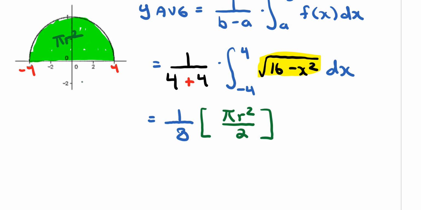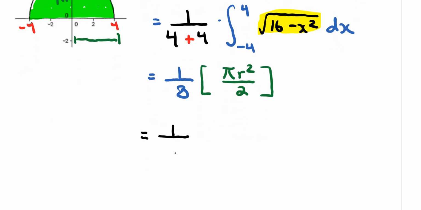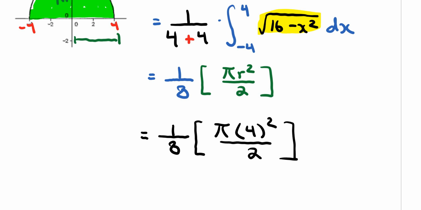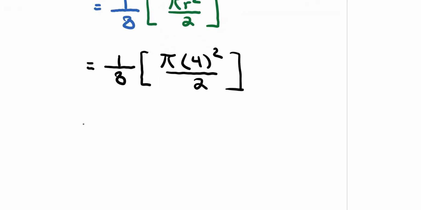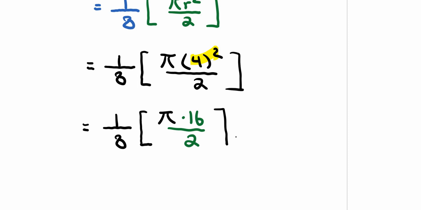And we know that the radius here is just 4. Okay, so if we continue with the calculations here, I would get 1 over 8, open up the brackets, pi, and my radius here is going to be 4, so 4 squared divided by 2, and then I close the bracket. Okay, and let's see if we can just do further calculations here. So this is 1 over 8, square bracket, I have my pi here, and this part right here, 4 squared, is going to be 16 divided by 2, and then I close the bracket.